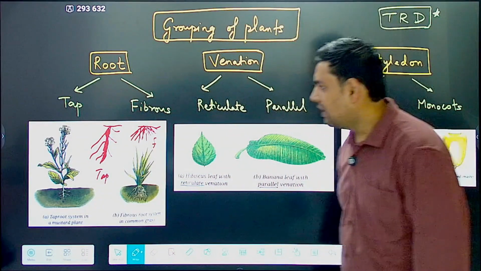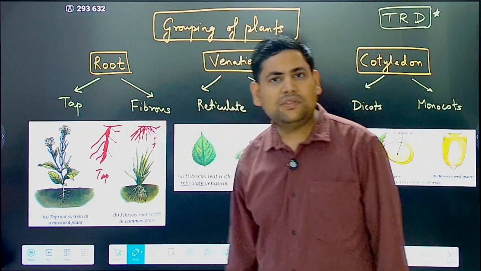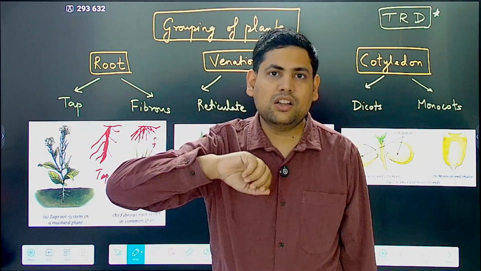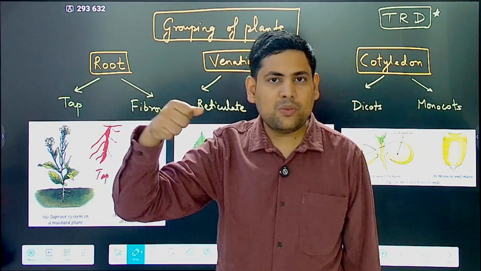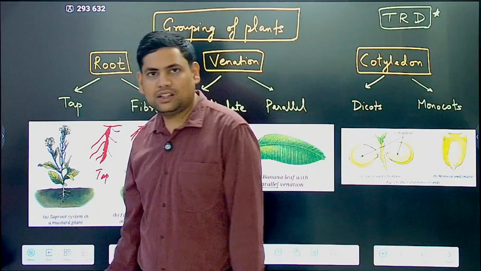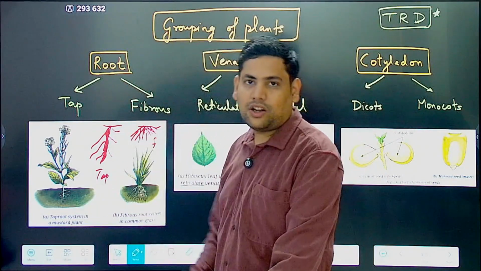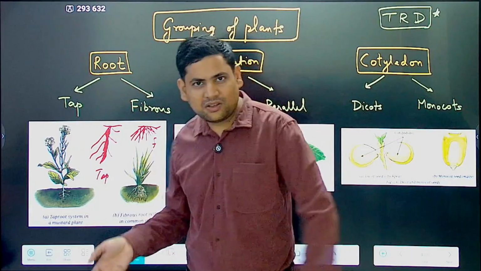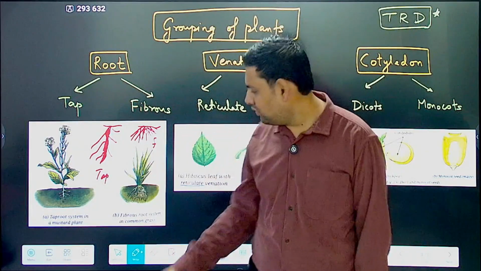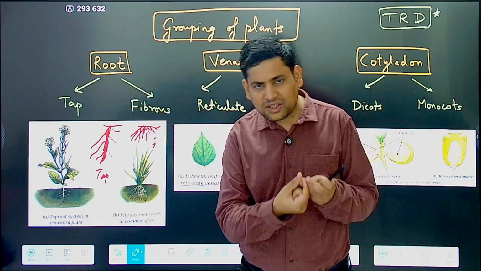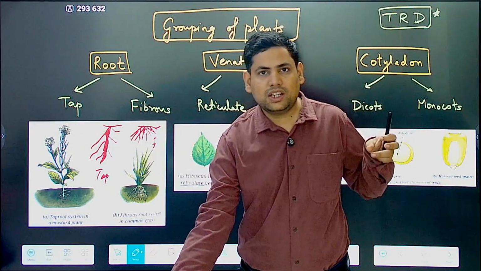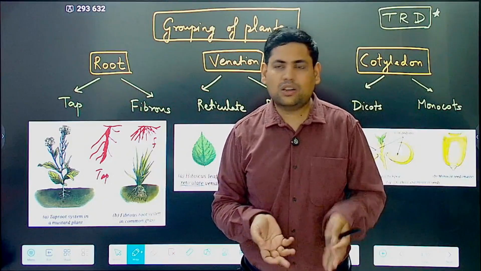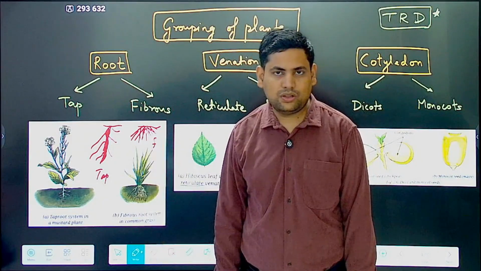Understood? Now, where have you seen taproot? If you have taken out, for example, pea plant or chana, chickpea, then you might have seen some structure like this. Now, if you have taken out grass, the simple grass that you find everywhere, if you take it out, the roots don't have a single stem that goes deep, correct? It is just fibrous or similar root that is scattered all around. That is actually fibrous root. Understood?